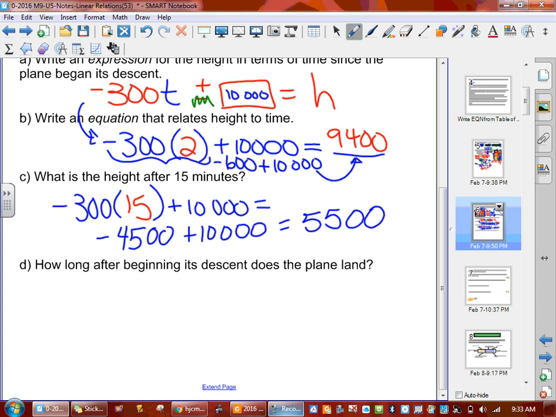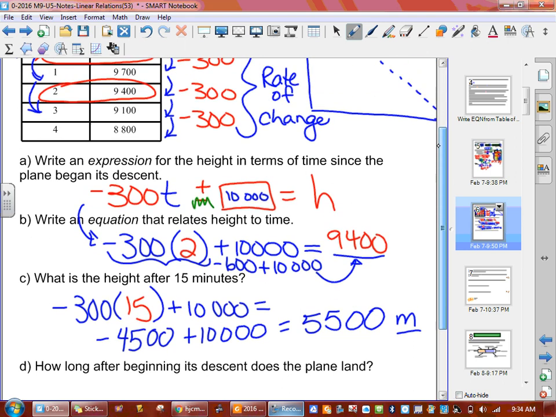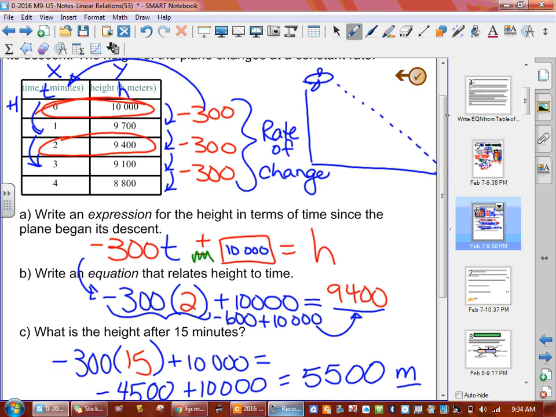Now, let's take a look. The next question says, how long, so it's looking for a time, after it starts to go down, descending, does it take the plane to land? Well, let's just look over here. Here's our diagram of our plane. They want to know how long it takes them to land. So what they're actually looking for is that number.